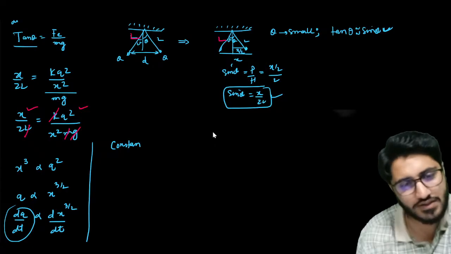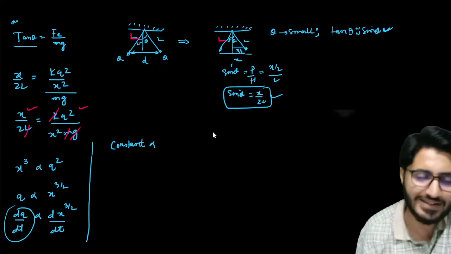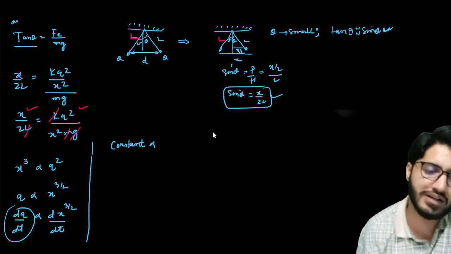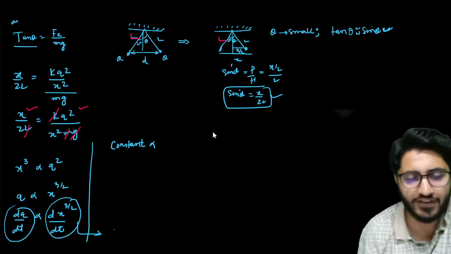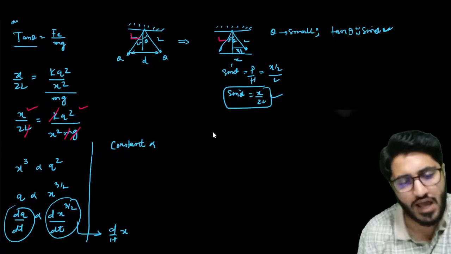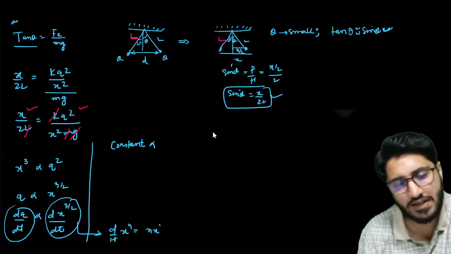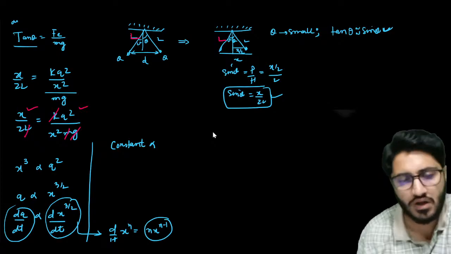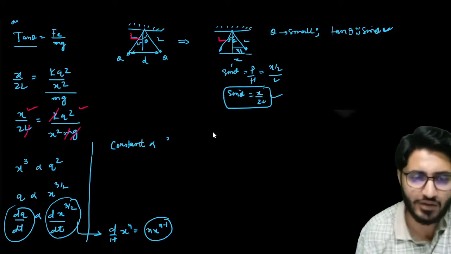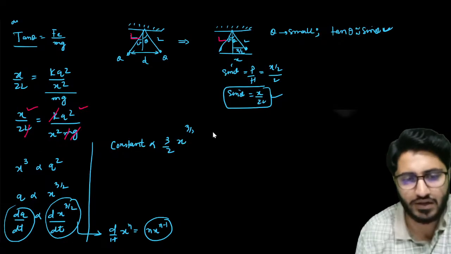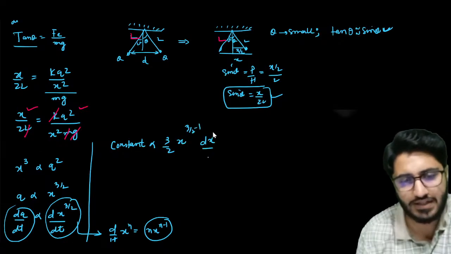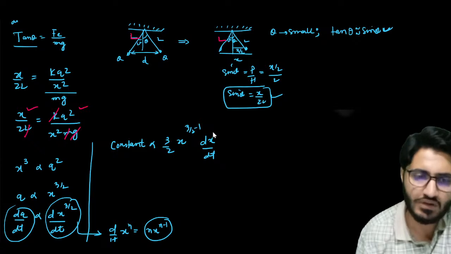What is the differentiation of this one? For this one we have the rule, differentiation of x to the power n is n x to the power n minus 1. So n is 3 by 2, and x is x to the power 3 by 2 minus 1, then dx by dt. Constant, constant. This is velocity v.